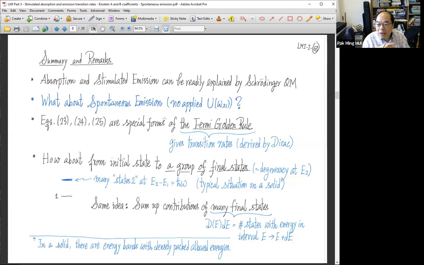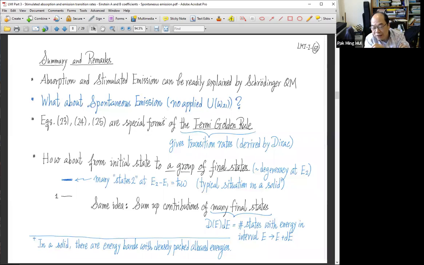At that time, everybody knew stimulated absorption will occur, spontaneous emission will occur. That was common sense at that time. But Einstein found that he needed to introduce a funny, mysterious stimulated emission process in order to get the right Planck's formula. That's why many credit Einstein for inventing or discovering stimulated emission.